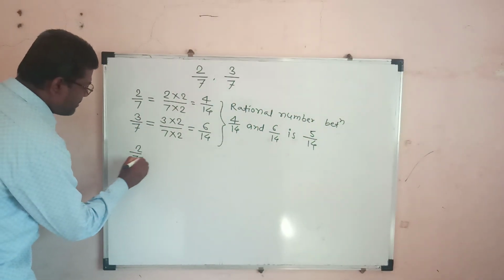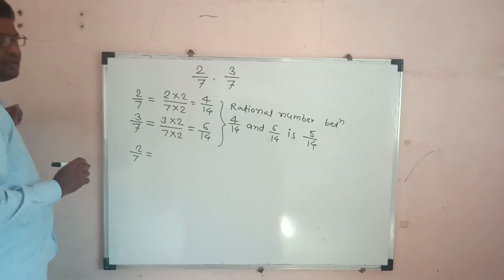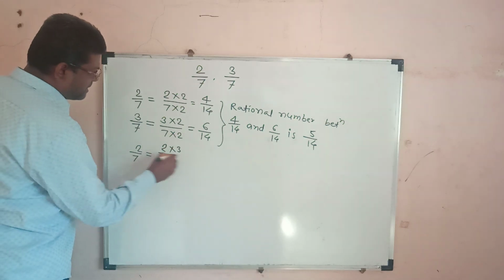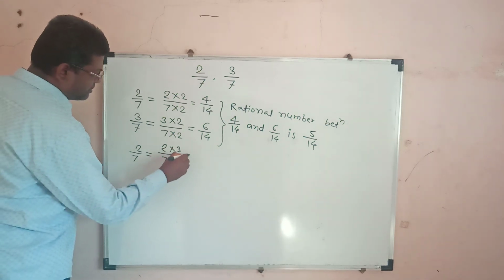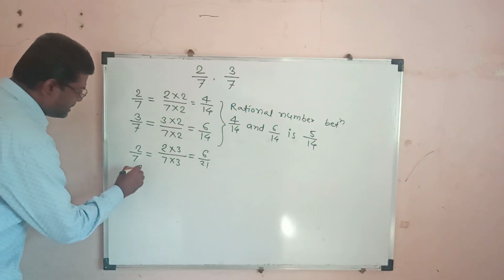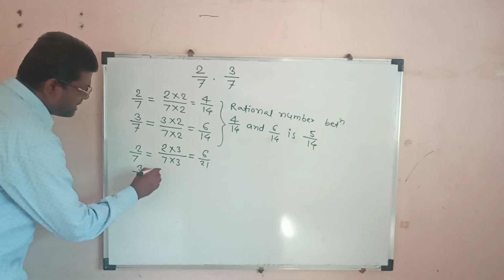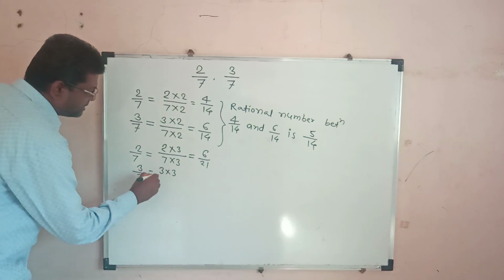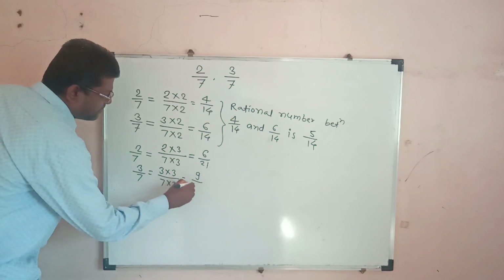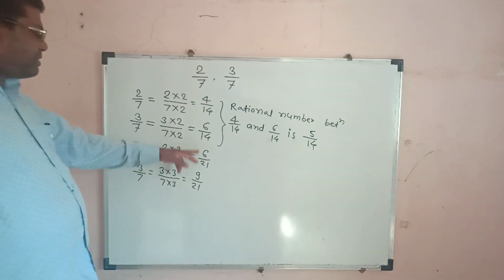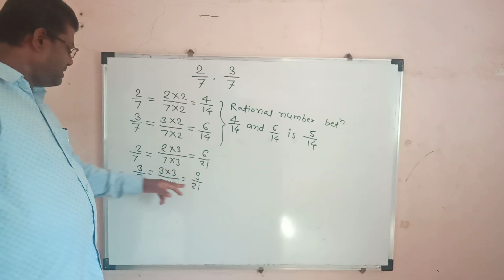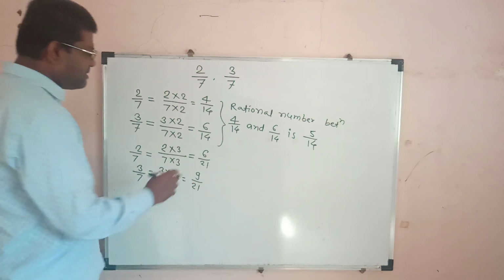Now 2 upon 7 is equal to, let us multiply numerator and denominator by 3. Therefore 2 into 3 upon 7 into 3. So we get 6 upon 21 here. Now 3 upon 7 is equal to, multiply numerator and denominator by 3, 3 into 3 upon 7 into 3 is equal to 9 upon 21. 6 upon 21 is equivalent to 2 upon 7, and 9 upon 21 is also equivalent to 3 upon 7.